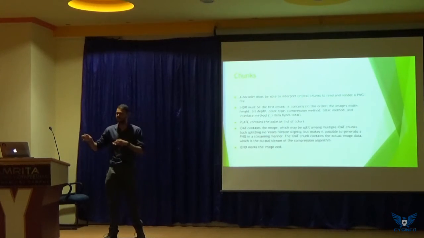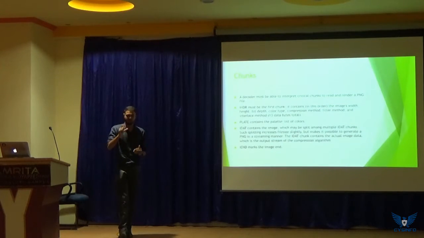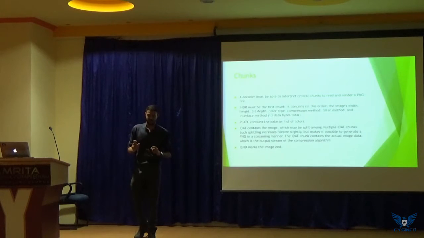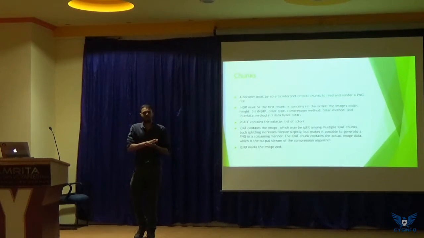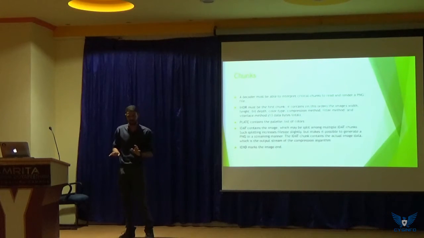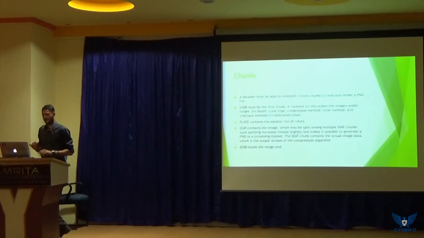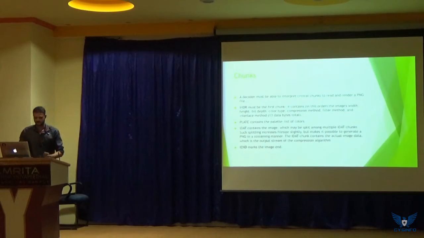All the others are metadata about what the PNG has, but the actual image is stored in IDAT. If you make any changes in IDAT, then you will not be able to see the image at all. That's the challenge. And IEND is the end marker, meaning the end of the file.